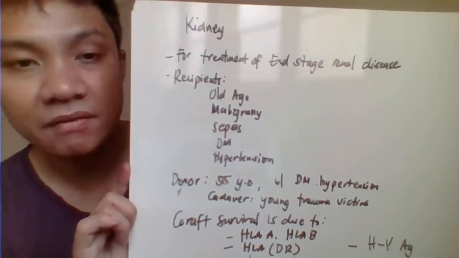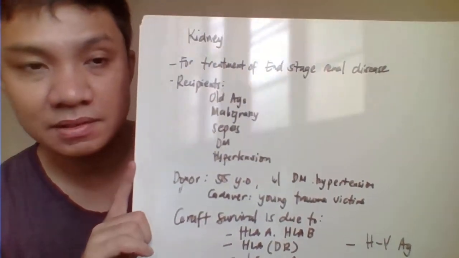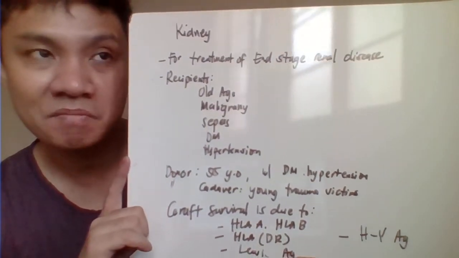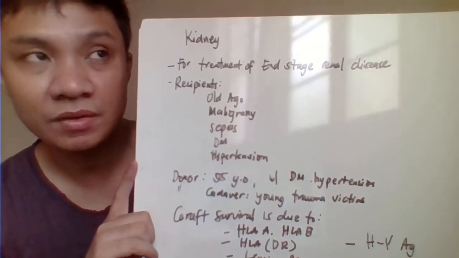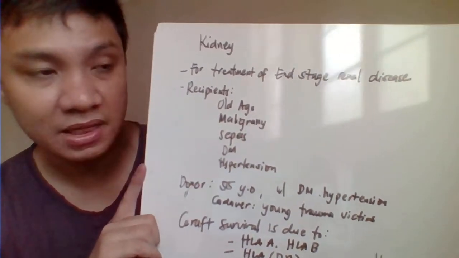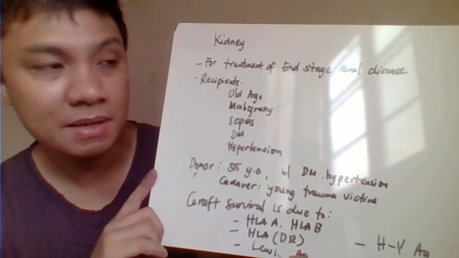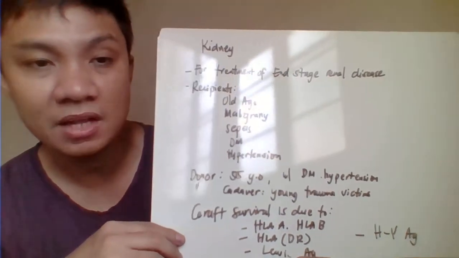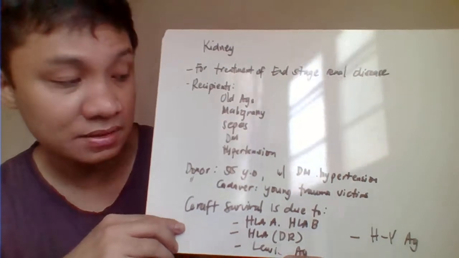For the next one, we have the kidney transplantation. This is basically for the treatment of end-stage renal disease caused, for example, by diabetic nephropathy. For recipients, the exclusions are old age, malignancy, sepsis, DM and hypertension, so most likely they are not given this.